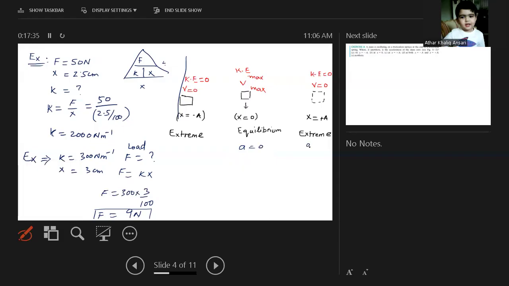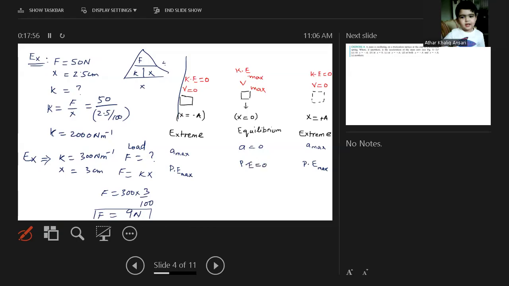At the extreme position, acceleration is maximum. And potential energy behaves in a similar way. Potential energy is max at the extreme positions and potential energy is 0 at the equilibrium position.